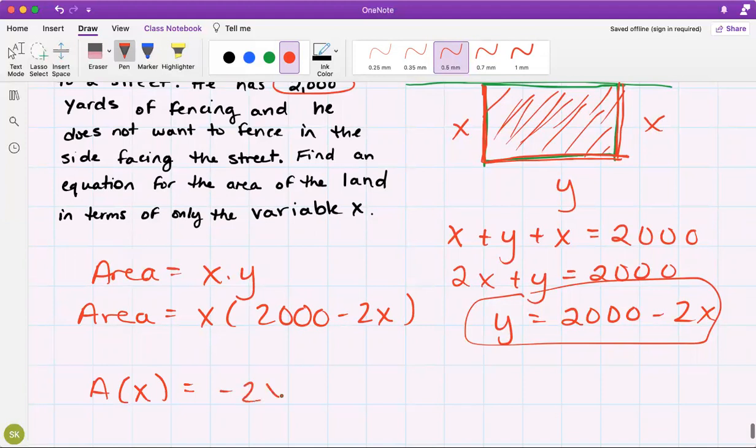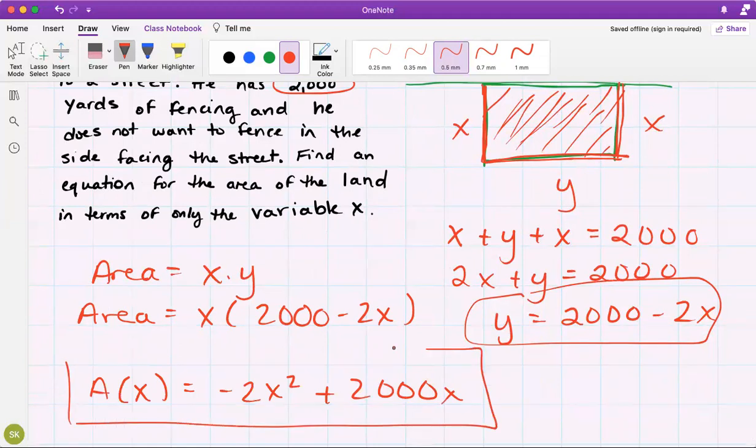It's just negative 2x squared plus 2,000x. I distributed and then I switched things around. So now we have an equation for the area of the land in terms of only the variable x. Your homework's going to ask you for similar things, to write things just in terms of this one variable. And this is what I want. I want you to get rid of the other variable and just have an equation involving x.